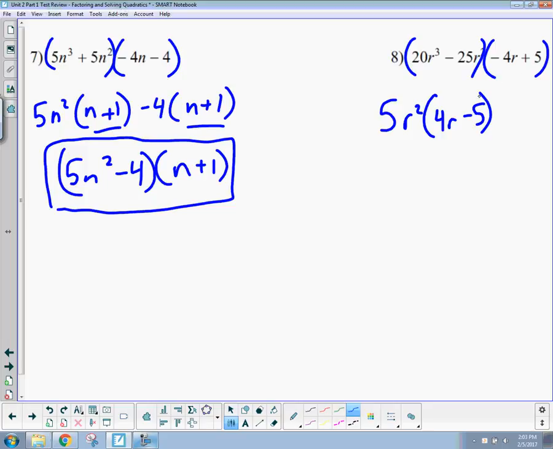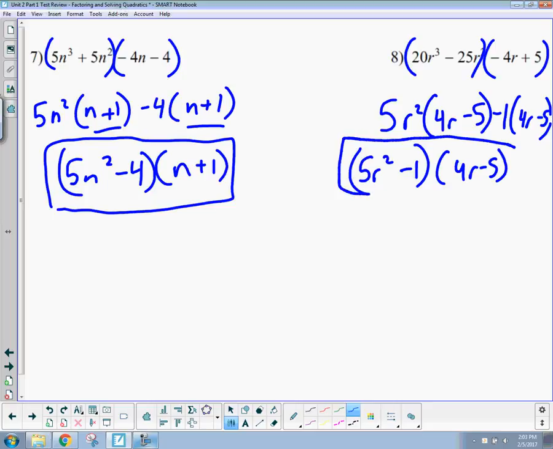I'm going to pull out a negative 1. That way the signs change to the right ones. Sorry, I got a little cramped over there. And then again, pull them down. Just like that. We'll hopefully see this again later in the semester so we can get more practice, but essentially that's all you have to do, okay?